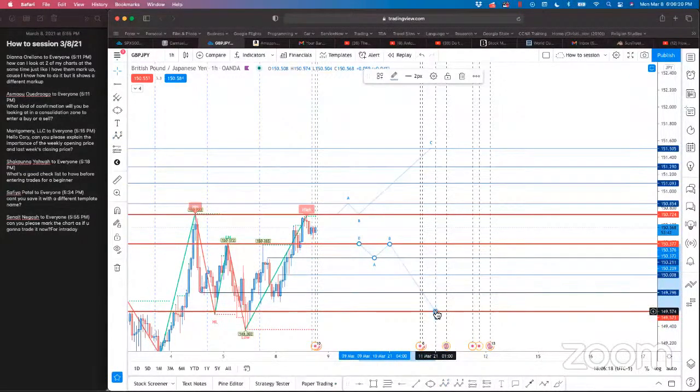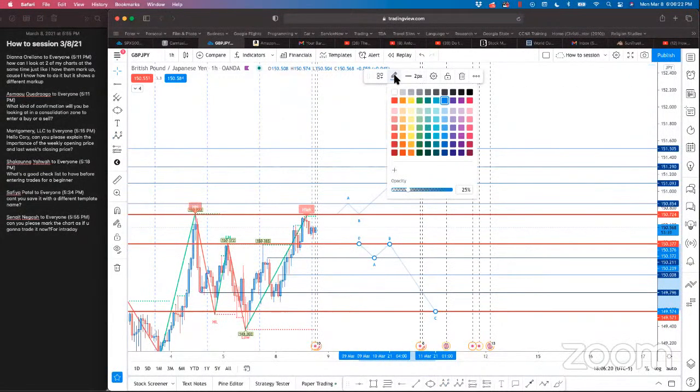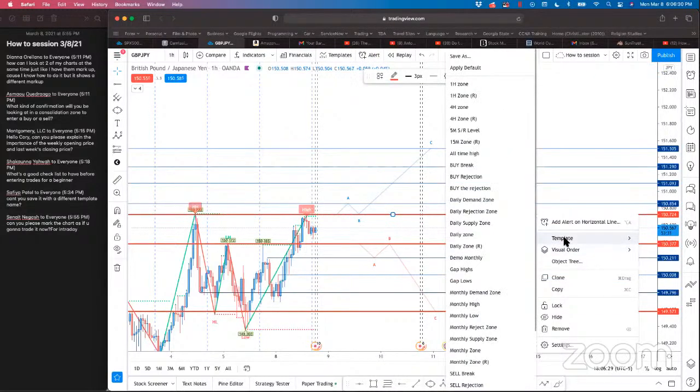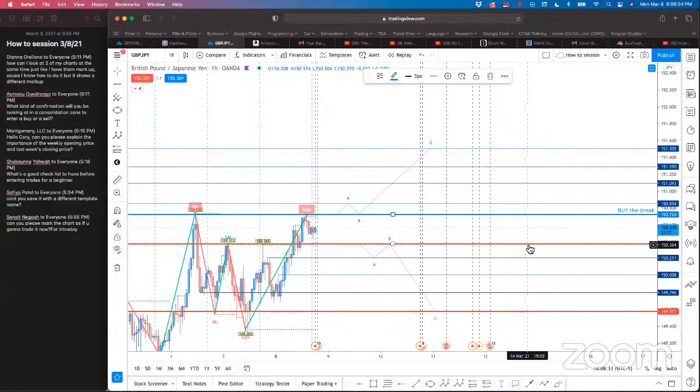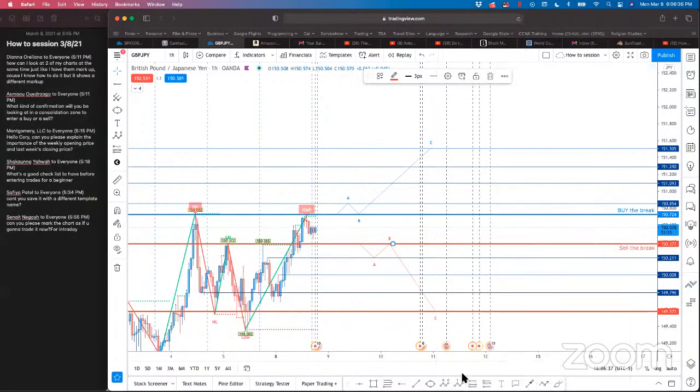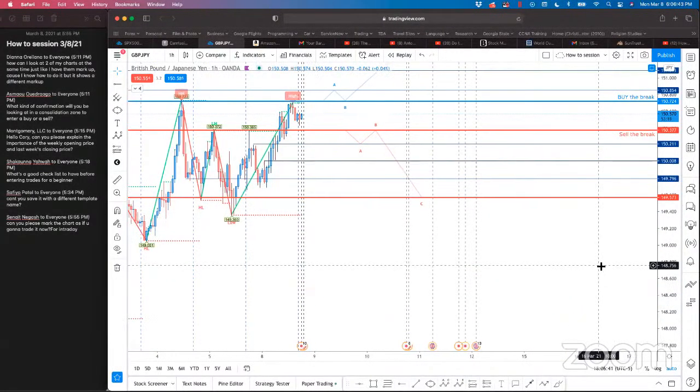And definitely got some good targets along the way for this. For the sell, this will be your buy. This would be your sell. And these would be targets, right?